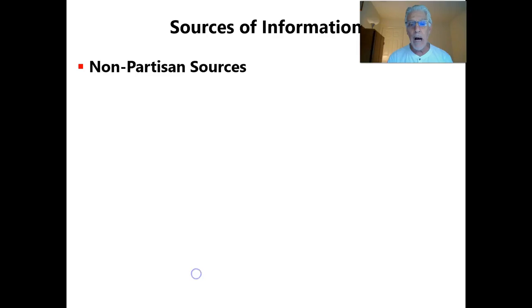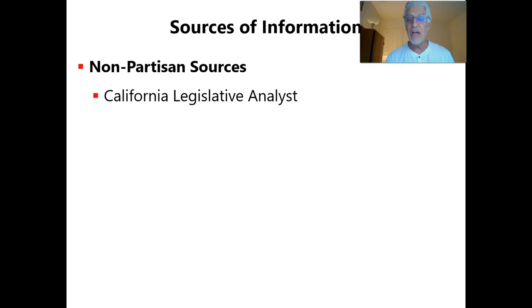So with that in mind, in terms of information, we rely entirely on nonpartisan sources. In particular, we rely on the California Legislative Analyst, the booklet that they sent around to every voter, that somewhat incomprehensible booklet that everybody reads, and we try to discern the information, because sometimes it's written in legalese and it's hard to understand.